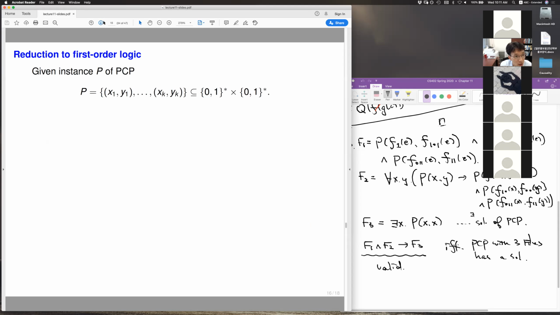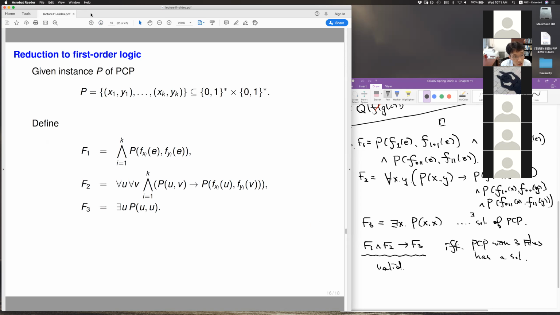Then we can create F1, F2 and F3 from this P. The constructed part is essentially the same thing. F1 and F2 together say that P says the right thing, which is P relates to X and Y if X, Y can be generated by a sequence of tiles.